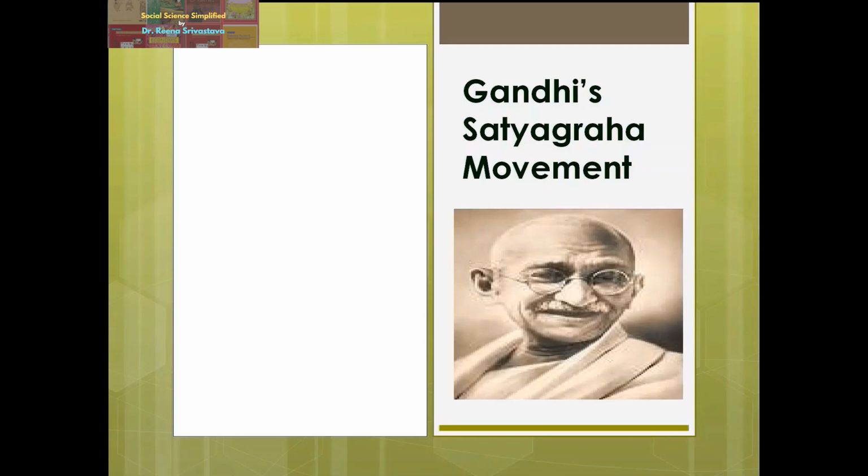Gopal Krishna Gokhale suggested Mahatma Gandhi take a tour all over India and meet common people, talk to them, understand their problems. In this way, he'll understand India at the grassroots level and he can guide the movement in a proper way. So Gandhi started his tour and his first visit was at Champaran in 1916.